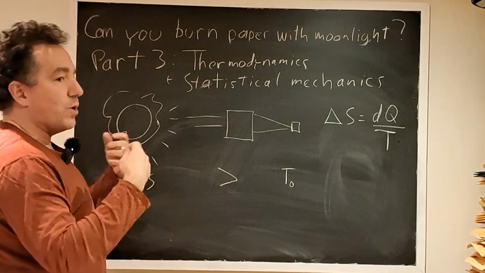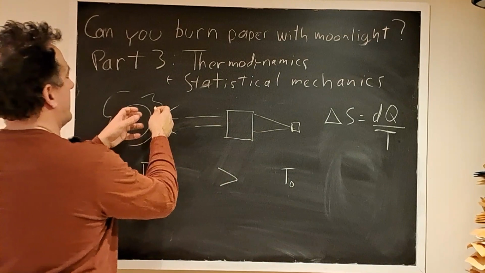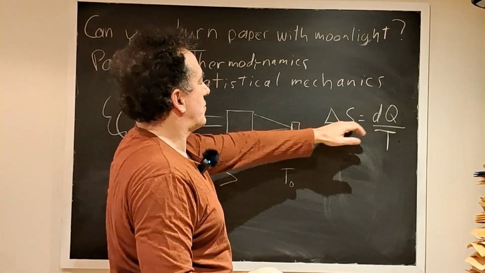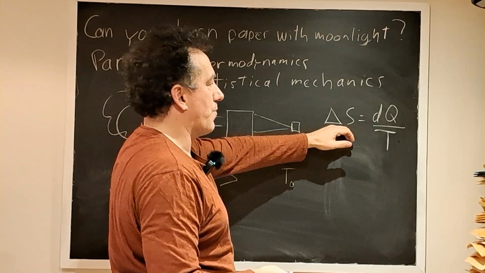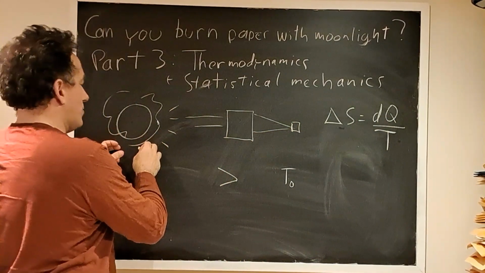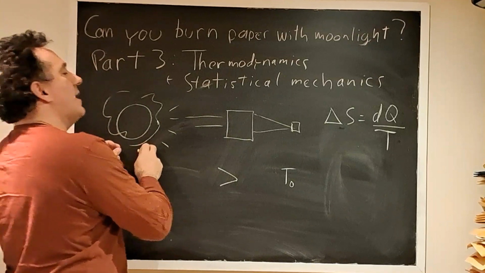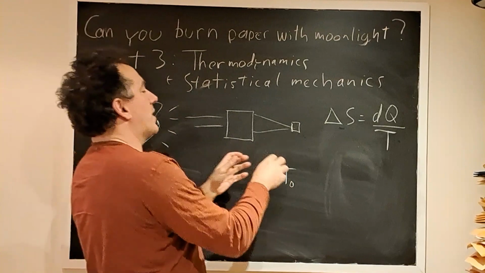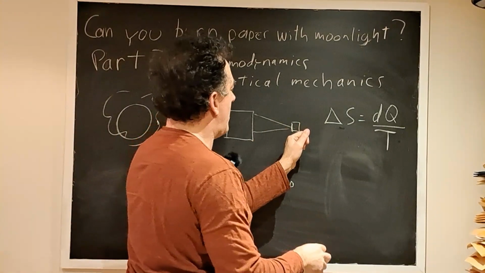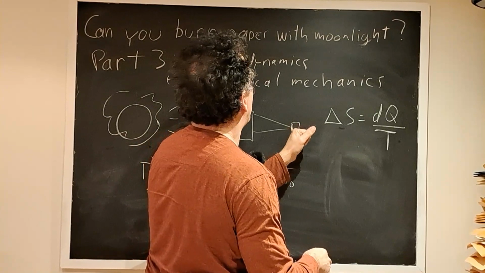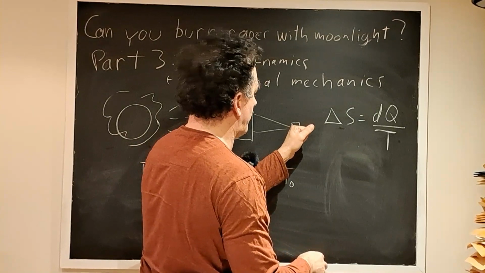So if a certain quantity of heat is produced by the sun, there will be a certain decrease in entropy. So we remove heat from the sun, the entropy of the sun will be reduced. And after a while, the radiation that's been produced will arrive to our surface and will deposit heat on the surface.